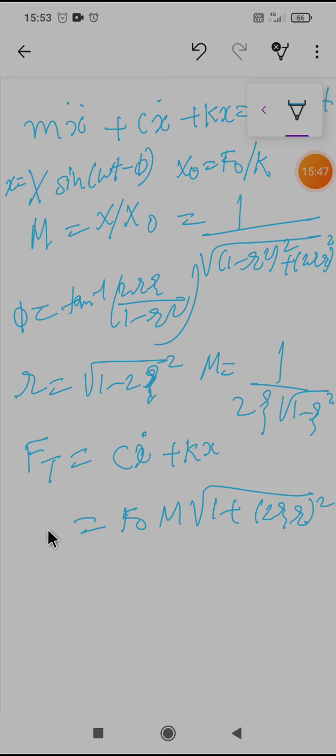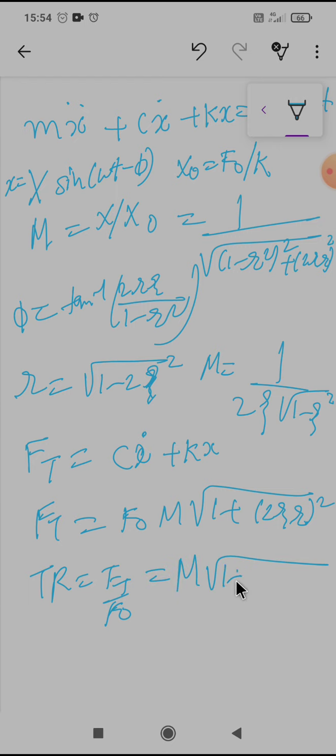From this equation we got the transmissibility ratio, that is Ft by F0. If we bring this to the left hand side, it is nothing but M into under root of 1 plus (2 zeta r) whole square. This is the transmissibility ratio Tr.